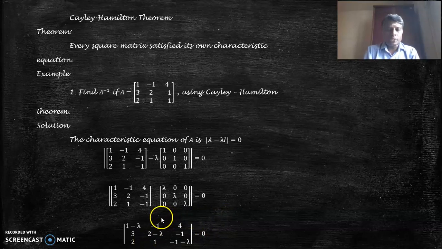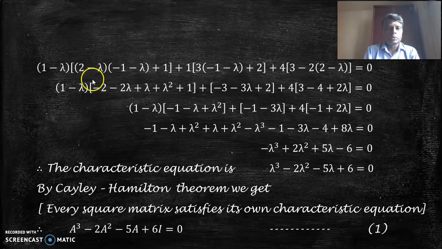On the expansion of the matrix through R1, we find the determinant value. The characteristic equation is lambda cube minus 2 lambda square minus 5 lambda plus 6 equal to 0.